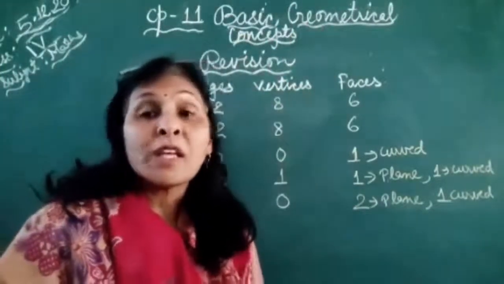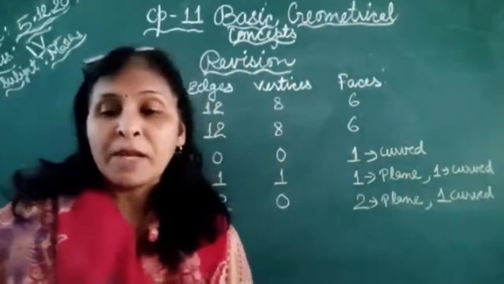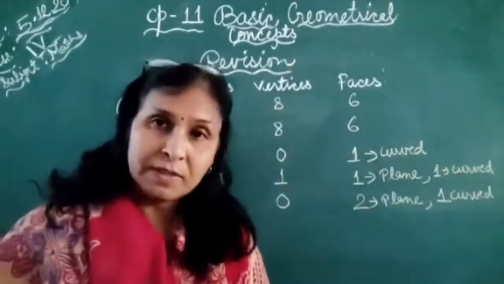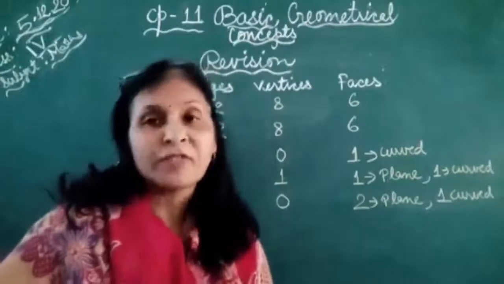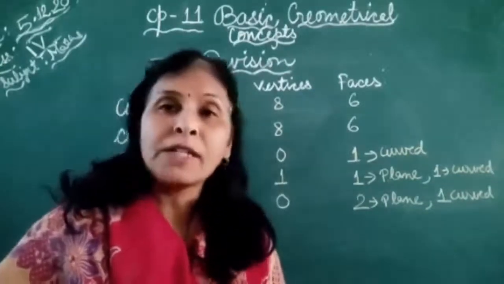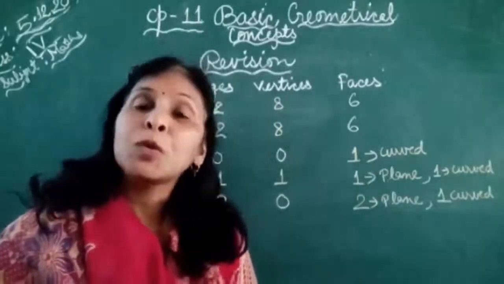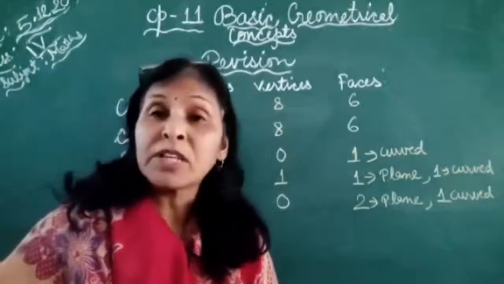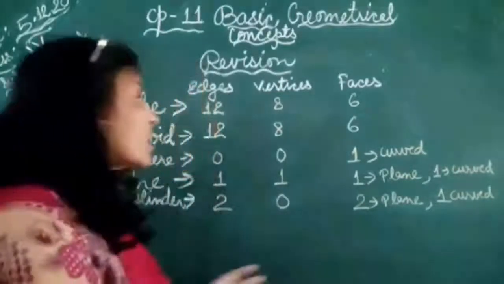Now children, we are already familiar with shapes around us. There are two types of shapes, that is plane shapes and solid shapes. In plane shapes, the most important shape is rectangle.